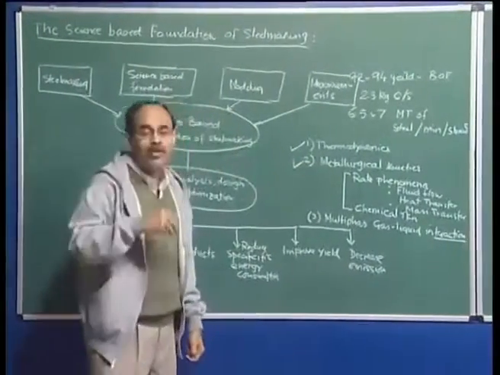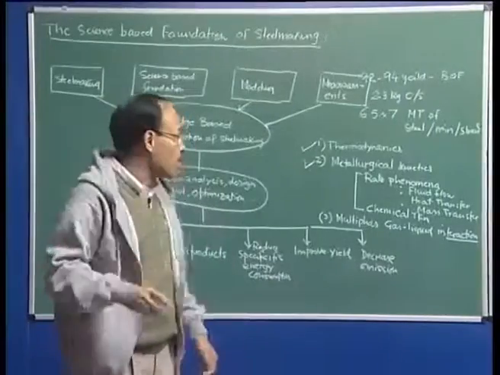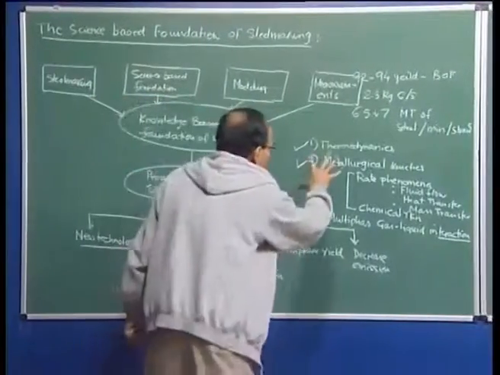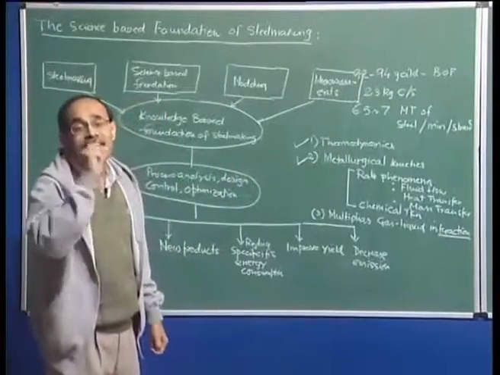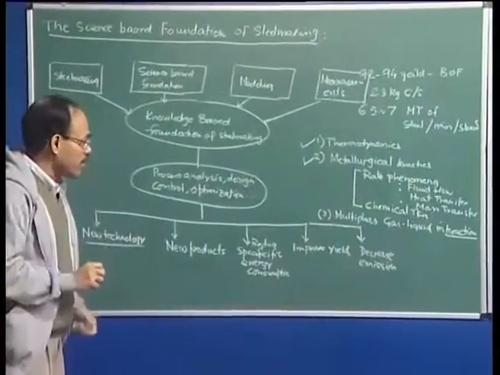So before we can address all those advanced topics, it is worthwhile for us to briefly examine the key concepts of thermodynamics and metallurgical kinetics that are relevant to steel making.